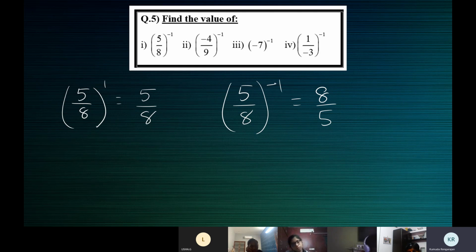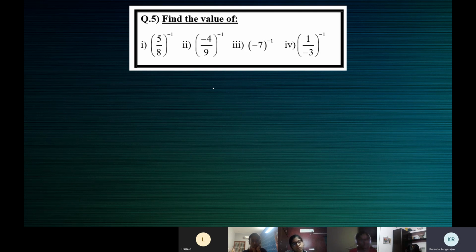Write the reciprocal. How do you read this? I'll read this for you. The reciprocal of 5 by 8 is, that's what you should write. I'm just reading it like that for you so that you understand, okay? The reciprocal of minus 4 by 9 is, the power minus 1 indicates the reciprocal. You should write the reciprocal of minus 4 by 9.